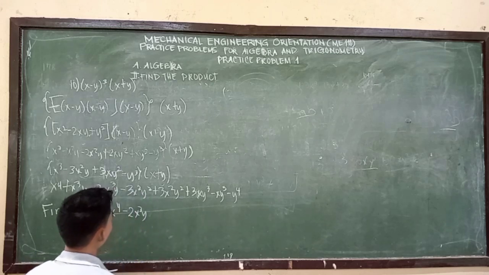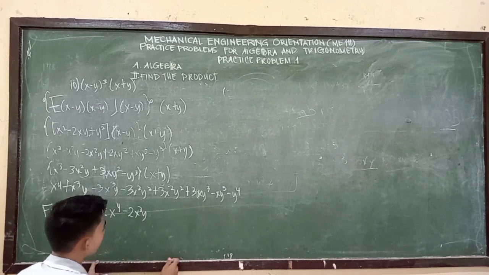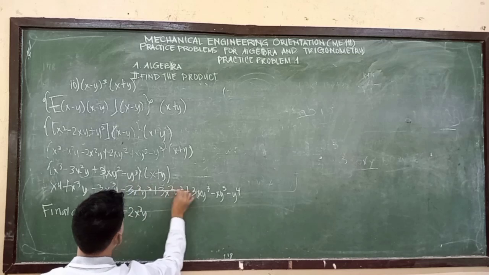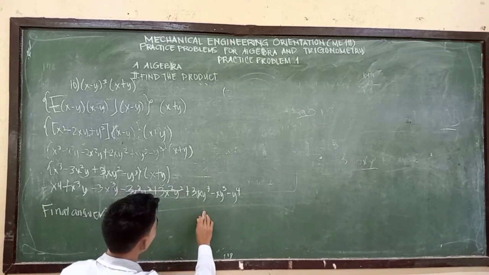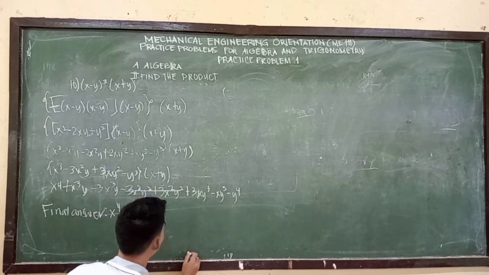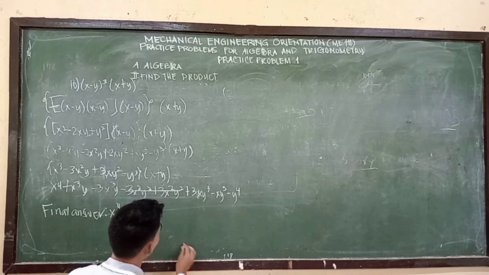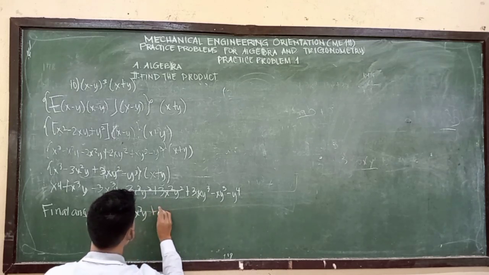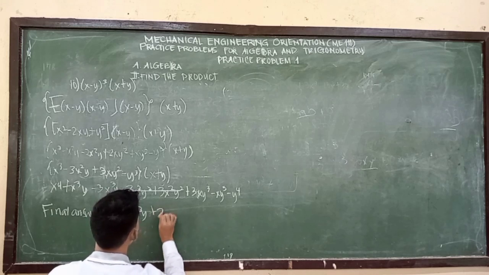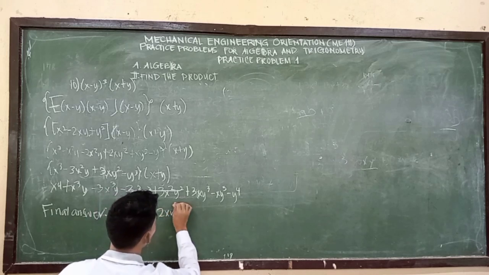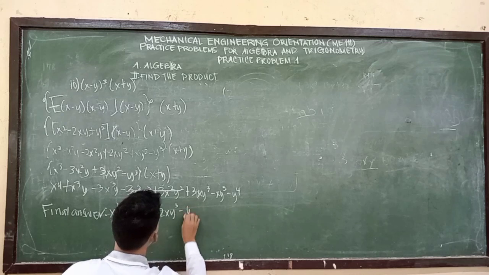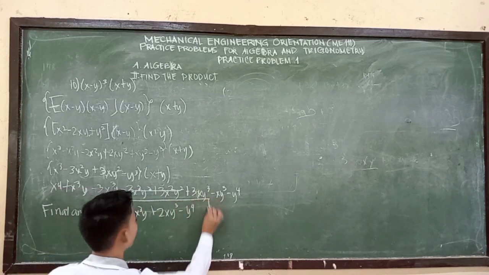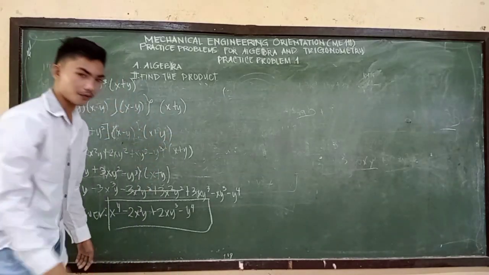Negative 3x squared y squared plus 3x squared y squared is 0. And then 3xy cubed minus xy cubed is positive 2xy cubed minus y to the fourth. So our final answer.